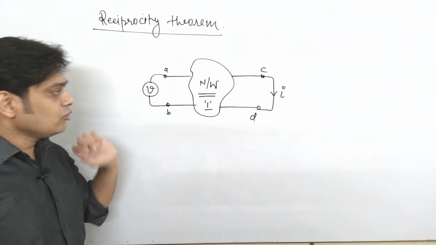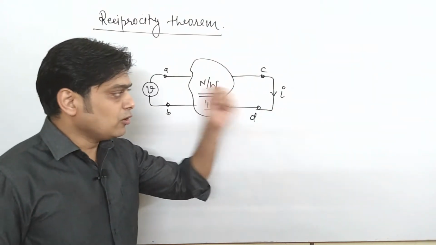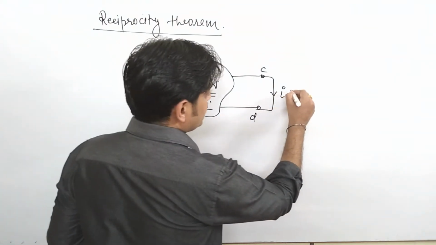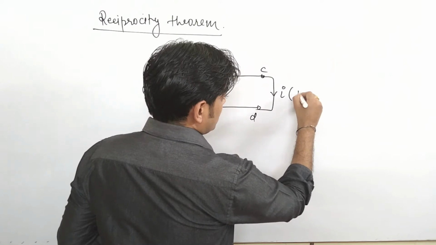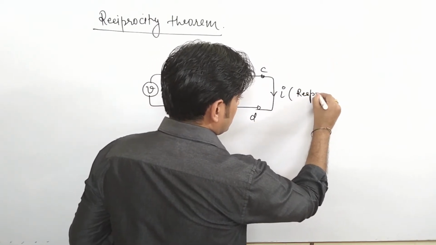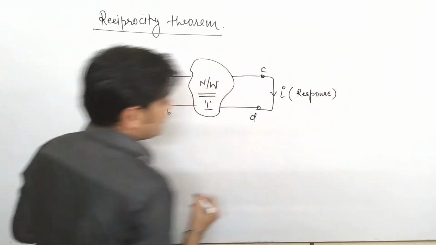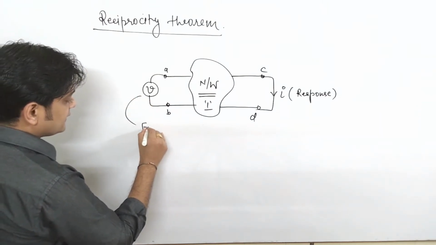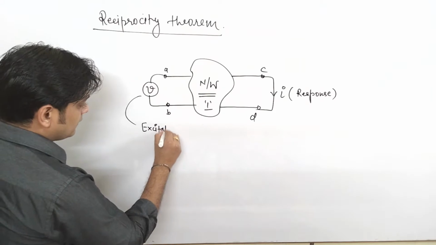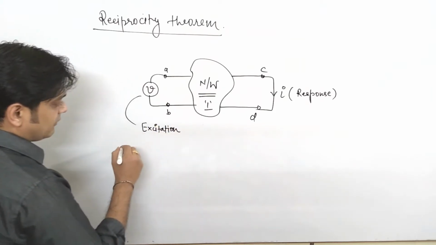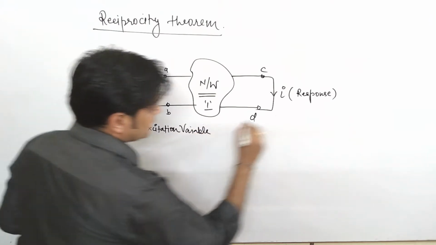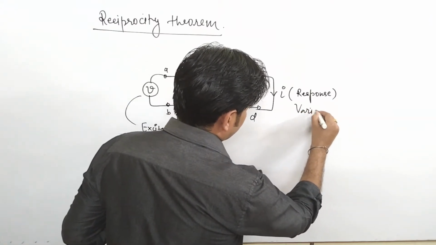The ratio of response variable to the excitation variable. Now a very important thing, please try to understand. This is your response variable, or you can say your response parameter, and this is your excitation variable, or you can say your excitation parameter.